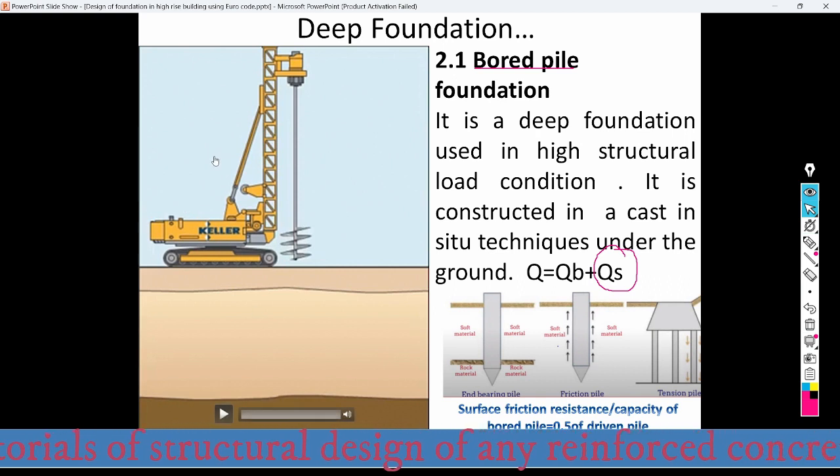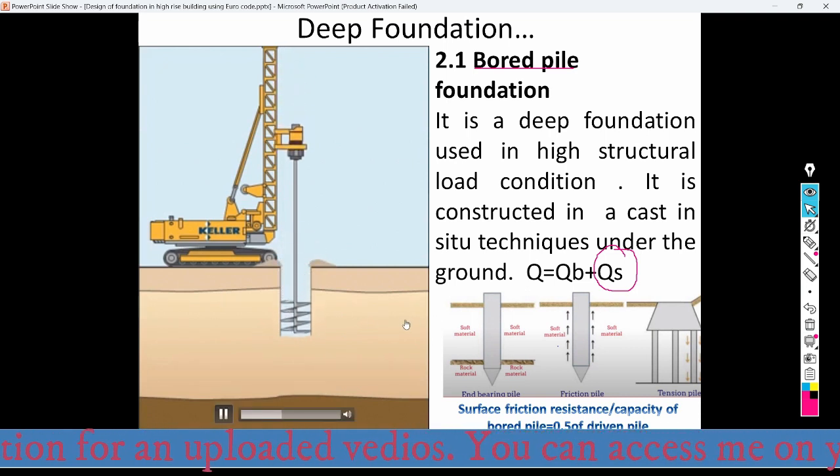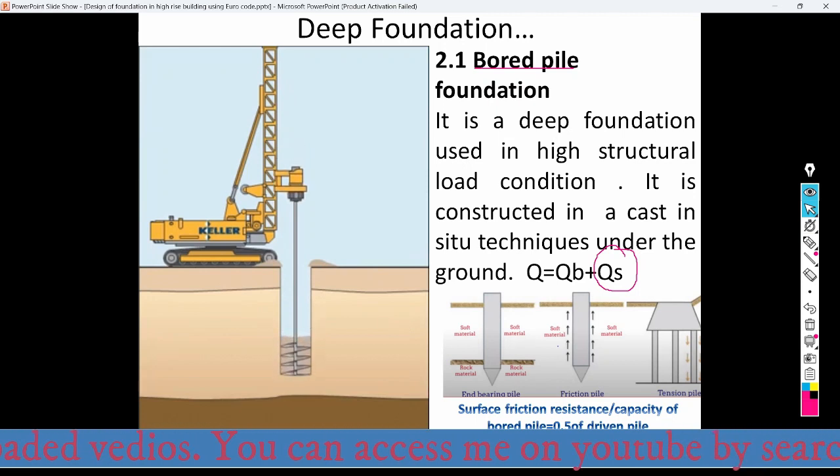And the other is here, we have a video which shows what bored pile means. Here we can watch this video. Here there is the auger which extracts the soil from the pit. Now this is the excavation of the pile.